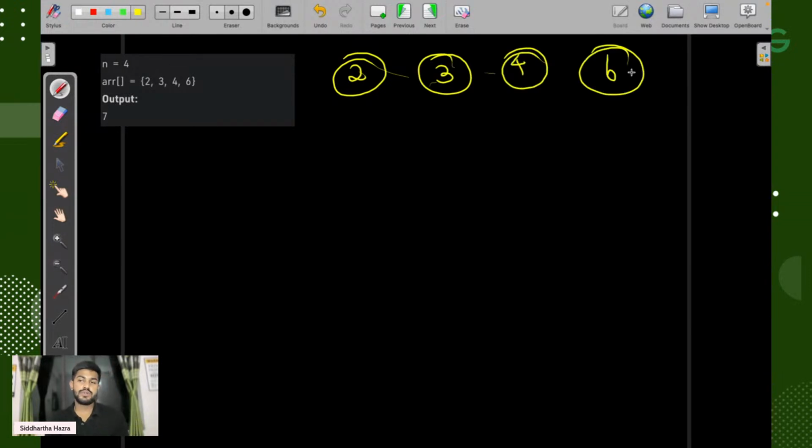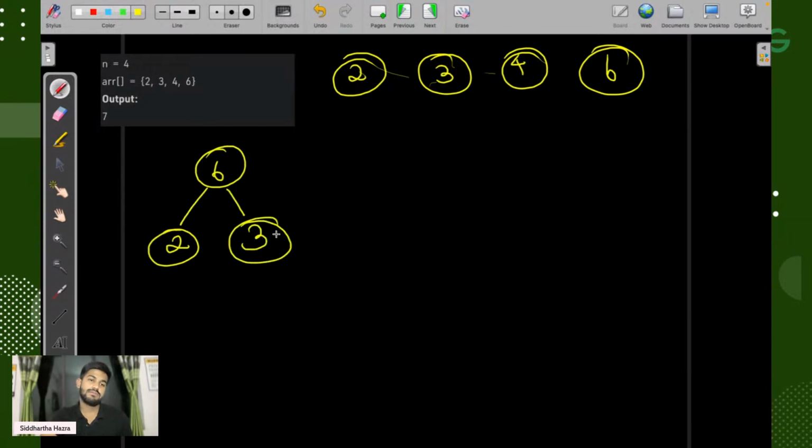A single node is also a full binary tree. True. We can't have two nodes in a binary tree. Then we can have 3. So we can have something like this: 6, and then this would have 2, and this would have 3. Okay, this was the very first one.